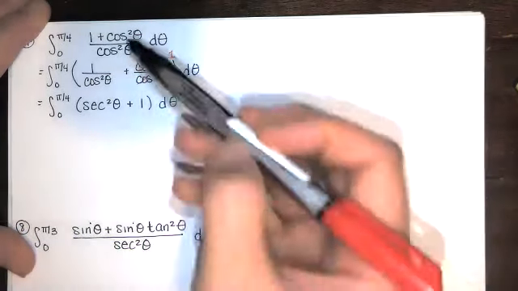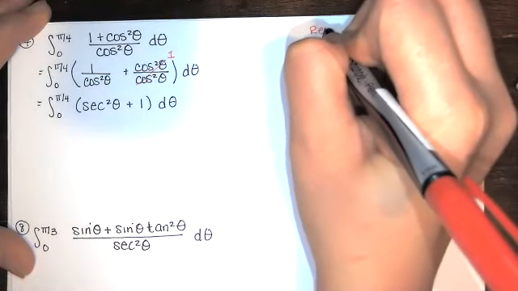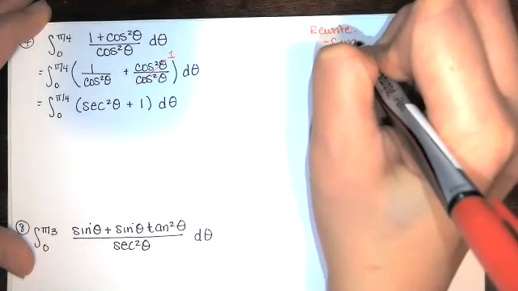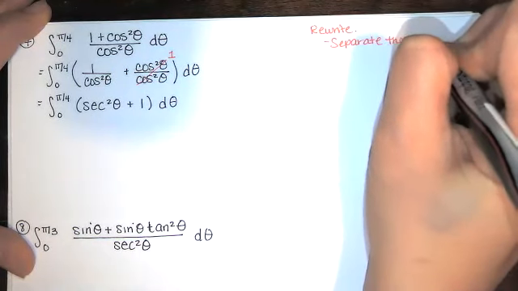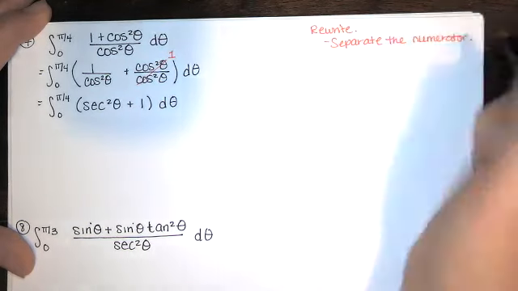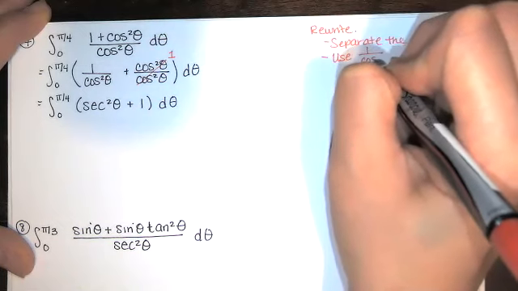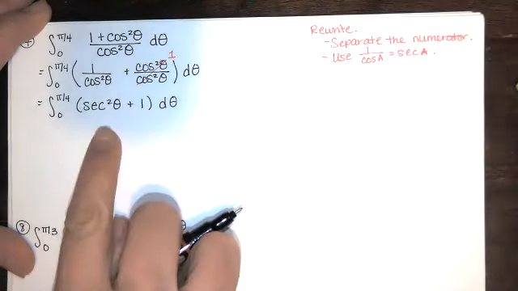Okay, so what did we do? We separated the numerator. We're rewriting. And the way we rewrote it was we separated the numerator, and then we used trig identities. Use the fact that 1 over cosine of an angle is secant of an angle to rewrite that in this form.